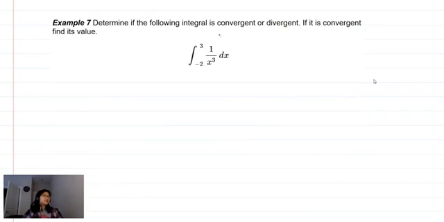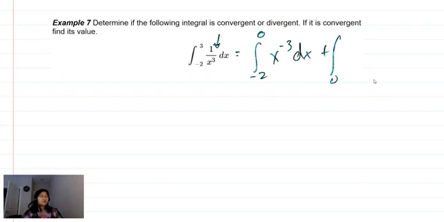Okay, for this one, we have this, which is discontinuous at x equals 0. So we've got to break this up into 2 different parts, right? So this is going to be the integral from negative 2 to 0 of x to the negative 3 plus the integral from 0 to 3 of x to the negative 3. And so we're going to get these as 2 separate limits.